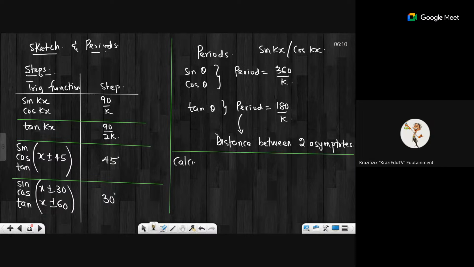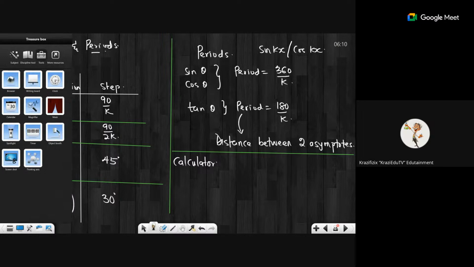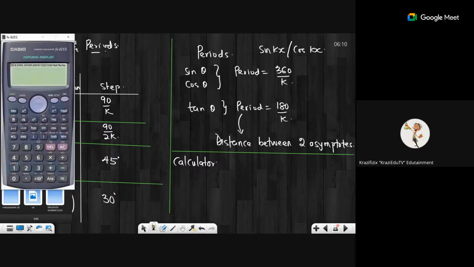When I'm using a calculator, let's do it together quickly in case you don't know. You press mode, and then you press the table option. On the calculator it is mode table, for example, sine. How do I get the x if that's my function? Alpha, that alpha button, and look for x.